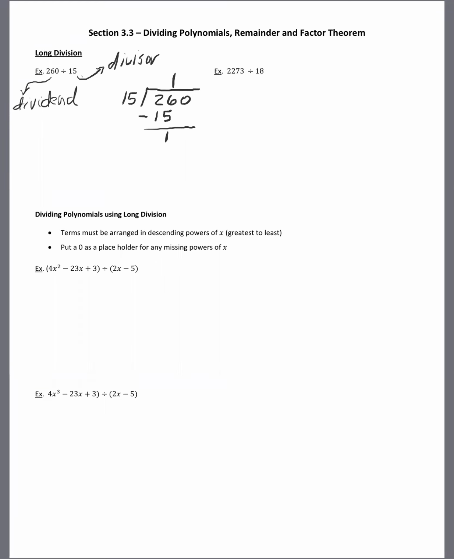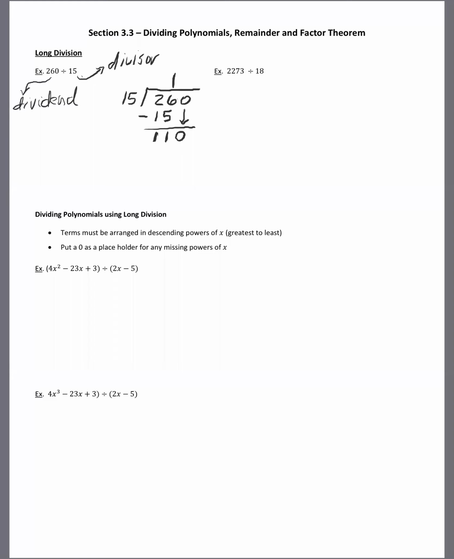Since we have another digit out here, we're going to drop down the 0. Now we're asking ourselves, how many times will 15 divide 110? And so we know that it has to be a single digit number. And so if you go through and do some multiplication, let's see, 8 times 15 is 120, so it's a little bit too big.